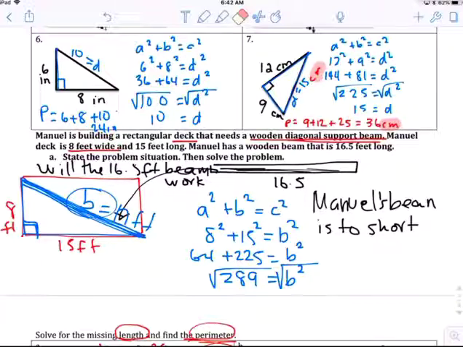Is short by 16.5, no, short by 0.5 feet, right? So 6 inches, is short, oh my goodness, is short by 0.5 feet.